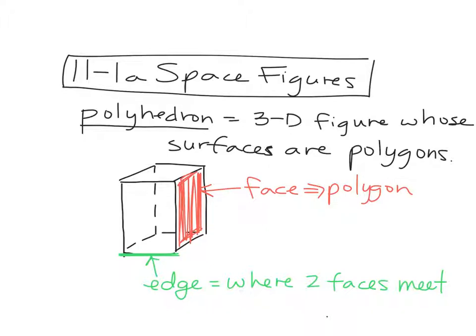Okay, and then the third thing, we're going to change this yellow to a purple. Third thing is vertices. So singular, this is a vertex. But if you pluralize it, it's vertices, right? And that's where 3 or more edges meet.